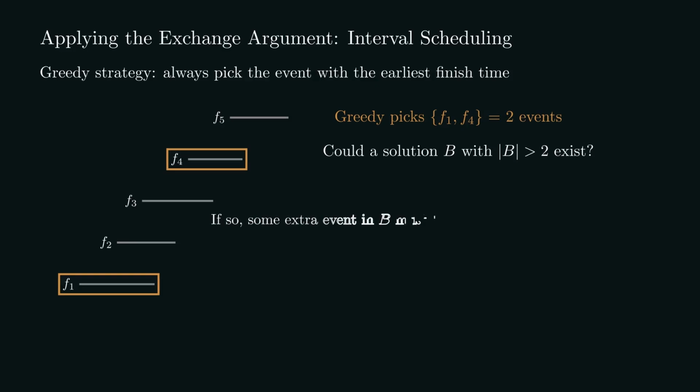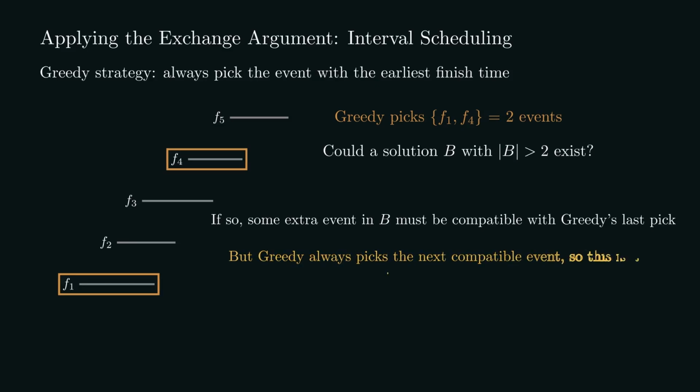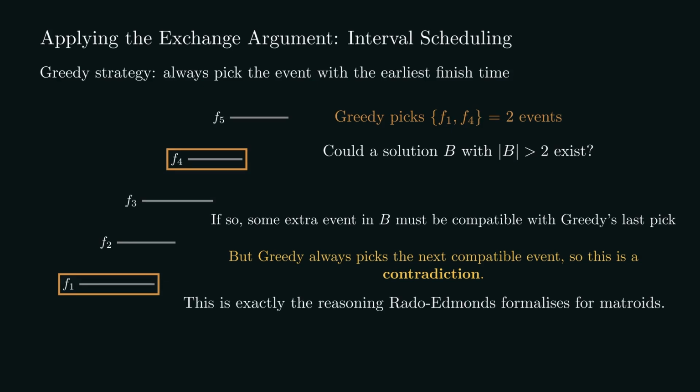And if that's the case, then an extra event in B can't overlap with the last pick. But this would mean that greedy missed an event, which never happens, so this is a contradiction, which means that our greedy algorithm does in fact get the optimal solution. And this is actually the reasoning that the Rado-Edmonds theorem formalizes for matroid structures.